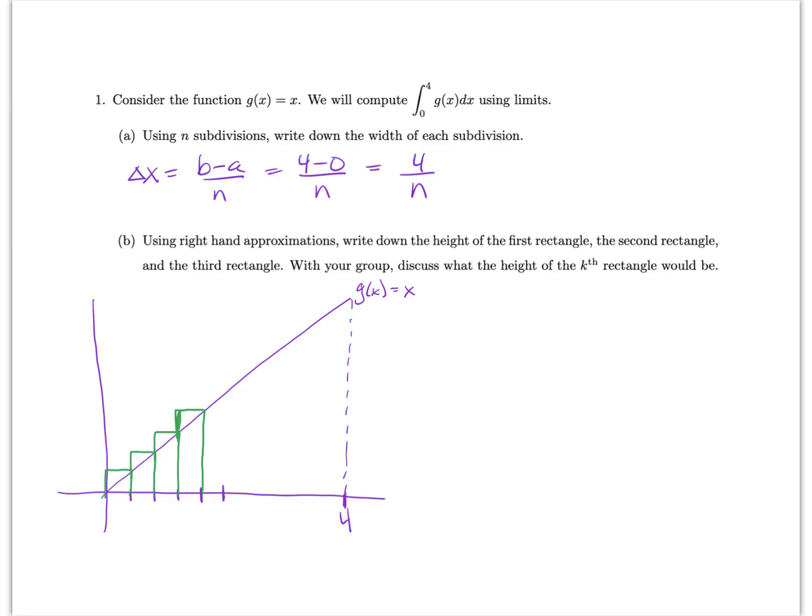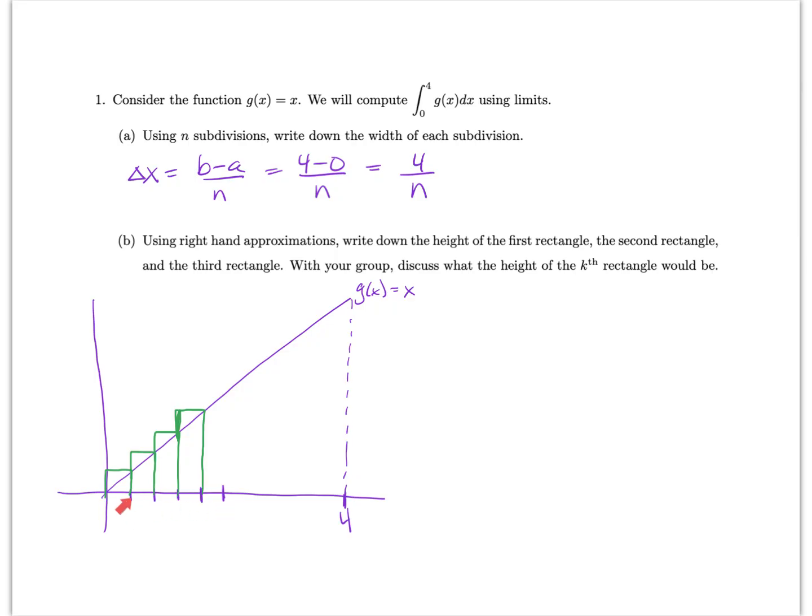Okay, so I already know the width of each rectangle is 4 over n. So if I want to find the area of each of these rectangles, my base is 4 over n. But what is my height? My height is the height of the function at this endpoint. So I need to know what these x values are at each tick mark I drew.